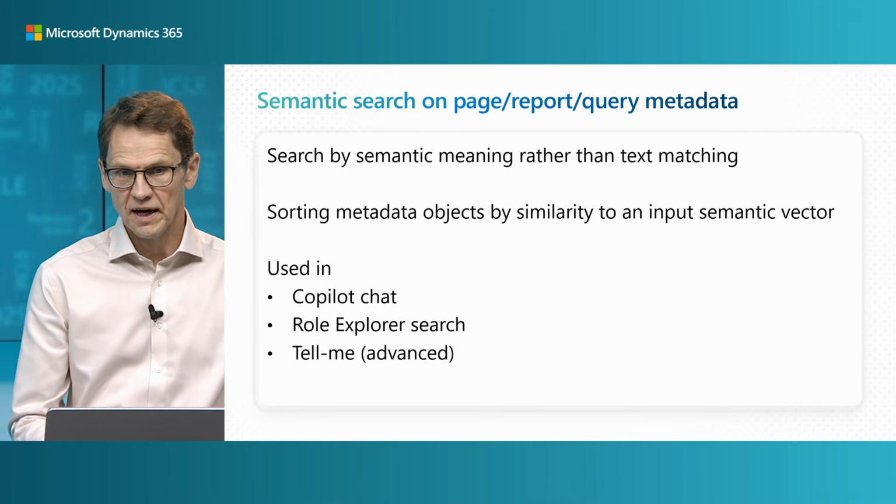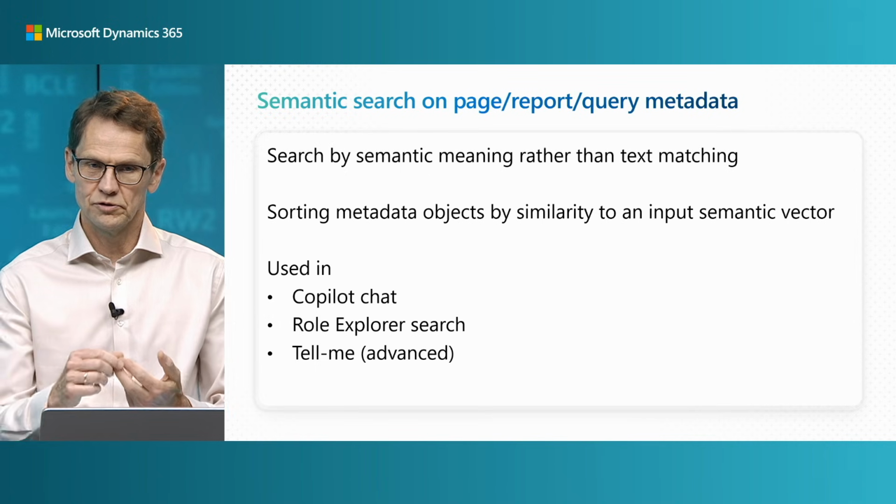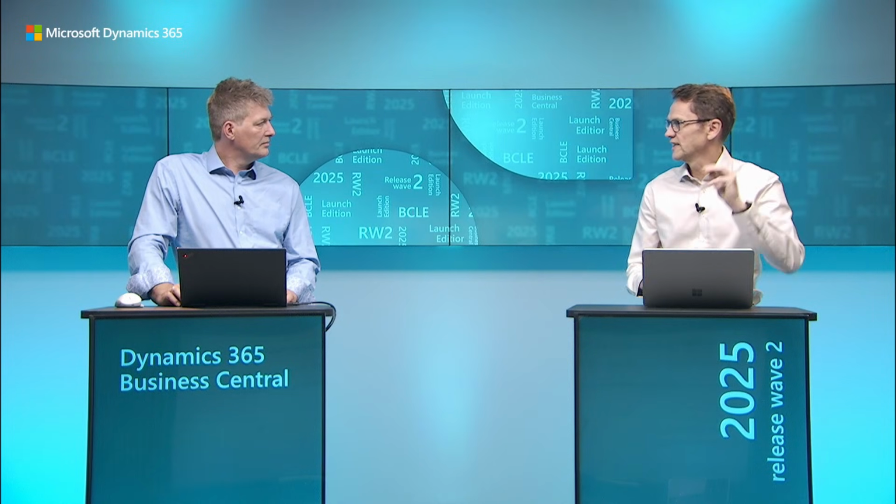This is used in Copilot Chat, it is used in the Role Explorer Search, and it's used in Tell Me. And there's actually another one, which is in the analysis view to find related fields. So that's another addition that we've added, and there is a specific session on that as well.